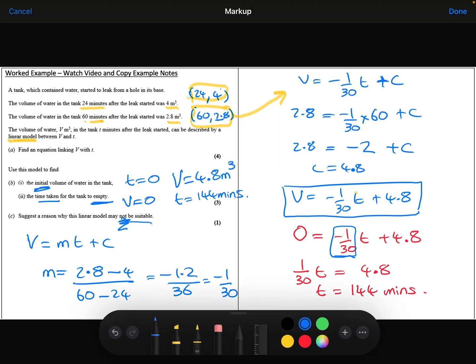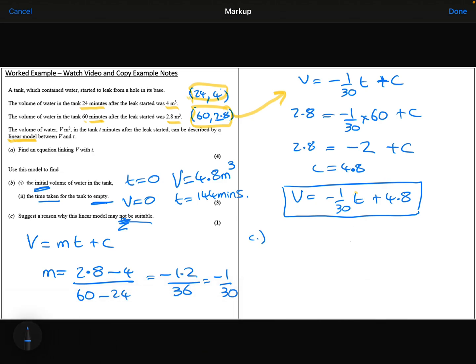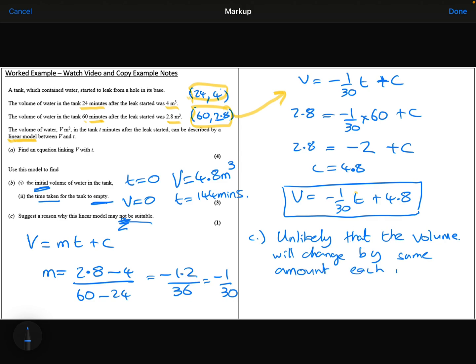For example, as the water pressure changes, as less water is in the tank, you'd expect the rate of change of the volume to be different. So for part C, you could say it's unlikely that the volume will change by the same amount each minute. That's one thing you could say here.